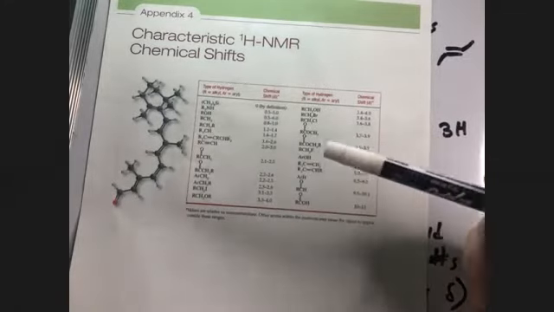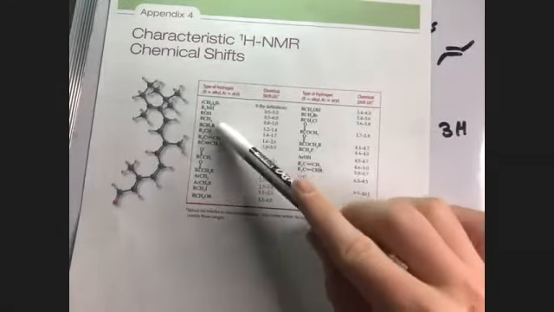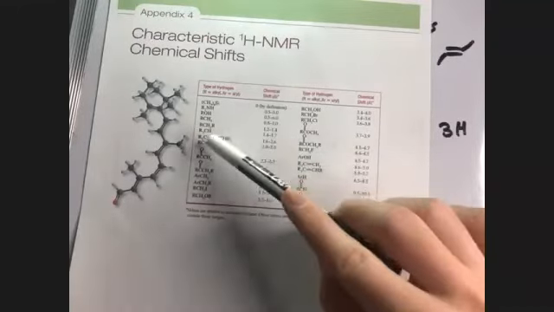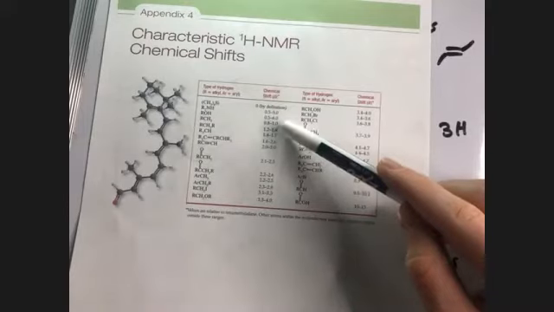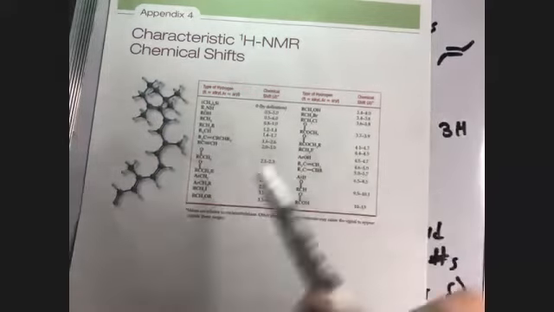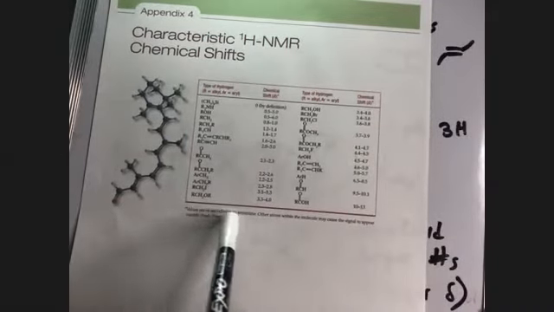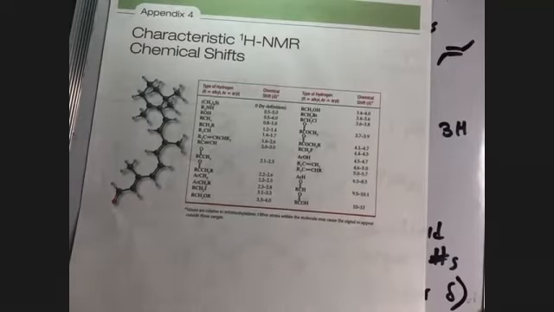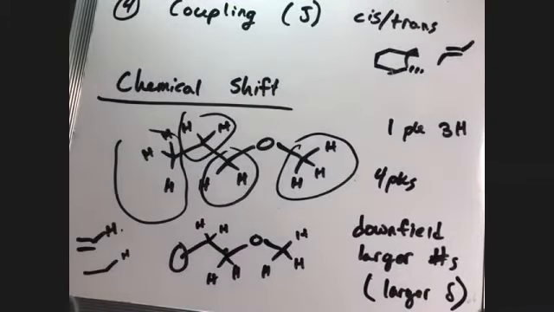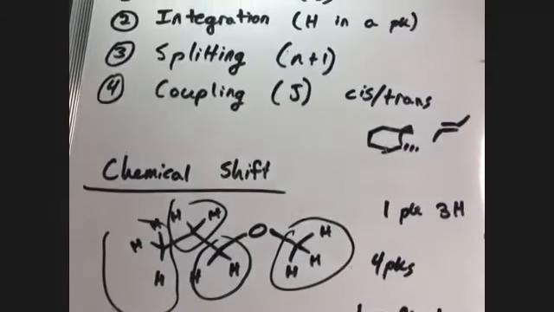So that's a big shift. But these other ones, like a methyl group that's bound to an R group, is around 1. A CH2 group bound to 2 R groups is around 1.5, and so on and so forth. If we look at our oxygen example, that is around 3 to 4. So again, these are always ranges. So it's just how you can interpret the range.